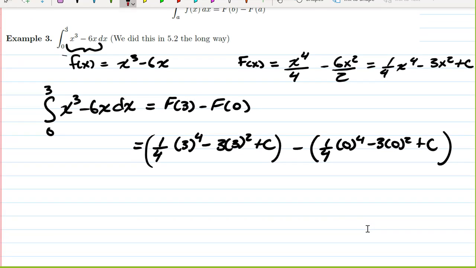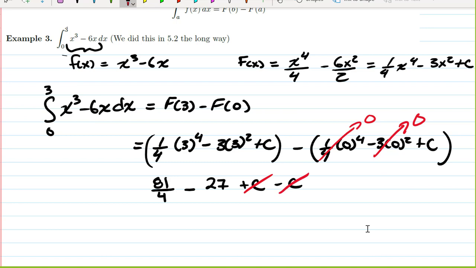Well, 0 times anything is 0, so that's 0, that's 0. And we end up with 3 to the 4th power is 81, so 81 over 4 minus 3 squared is 9, 9 times 3 is 27, plus c minus c. So our plus c and our minus c cancel.